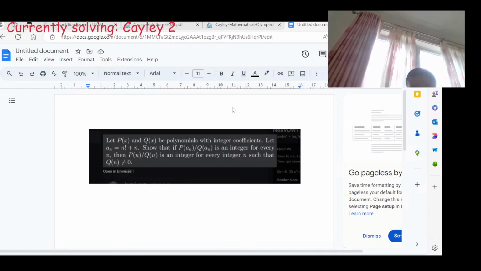Let me look at the hints to see if I'm right. Okay, there's even a solution. Wow.